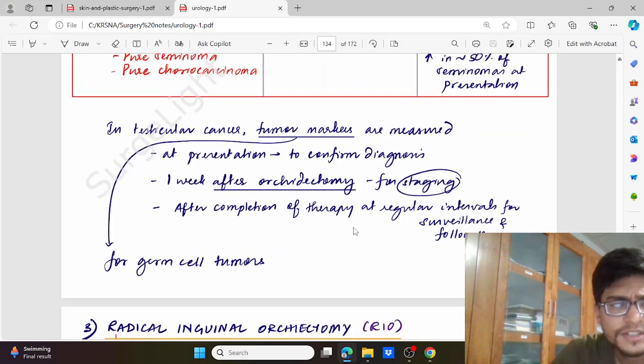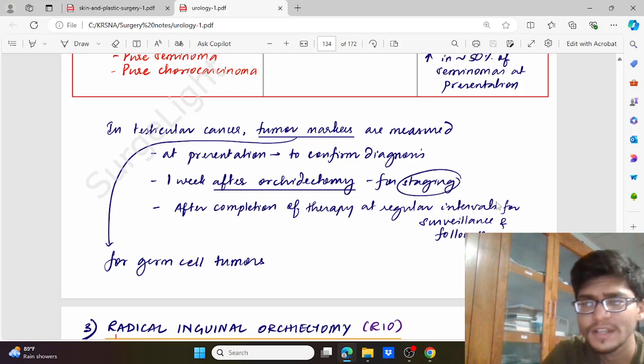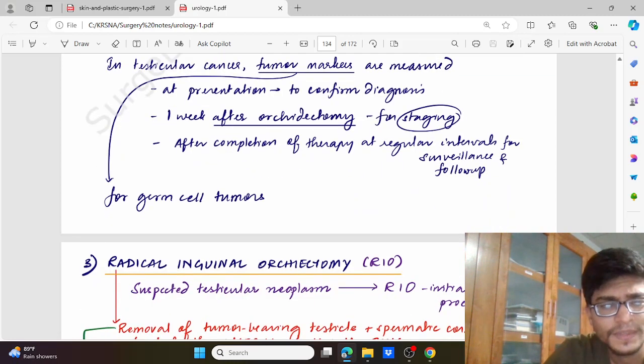So when do we do these tumor markers? These are done especially for the germ cell tumors, at presentation to confirm diagnosis, in the first week after orchidectomy for staging, and after completion of therapy at regular intervals for surveillance and follow-up.